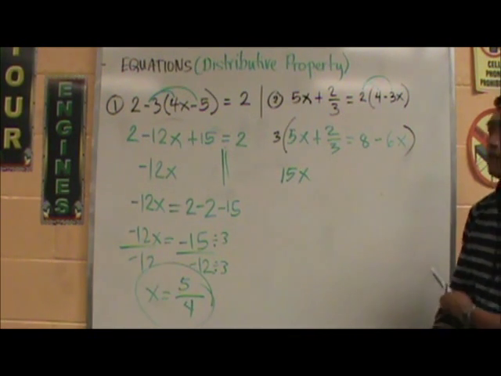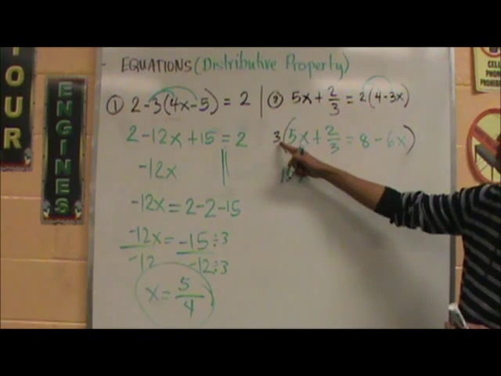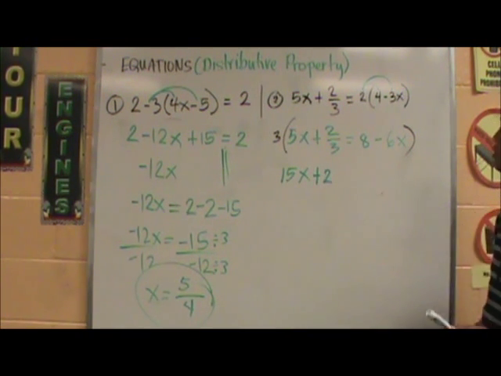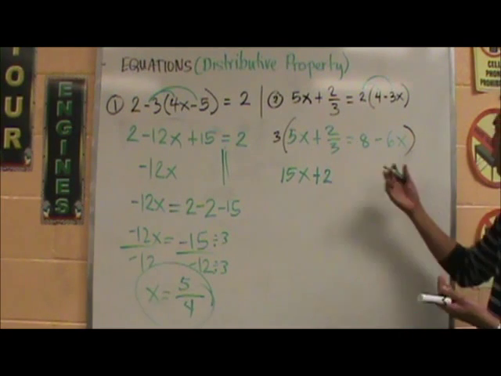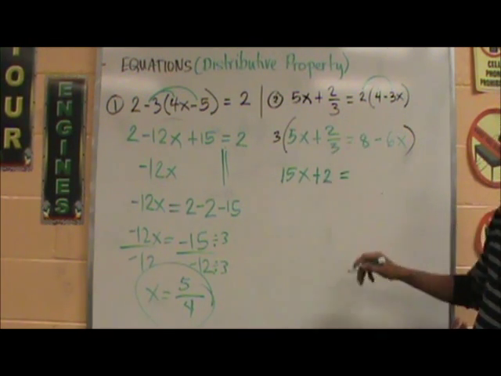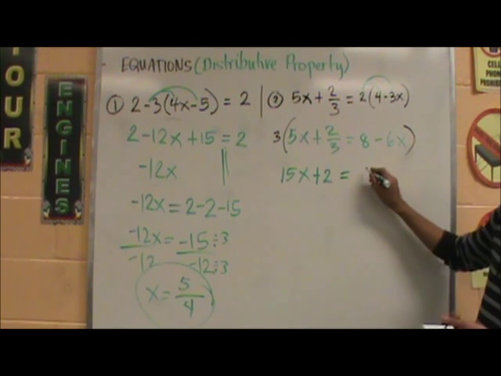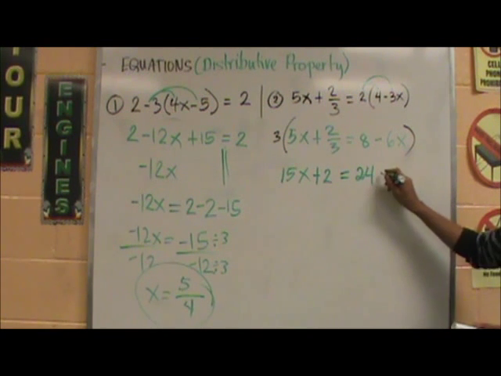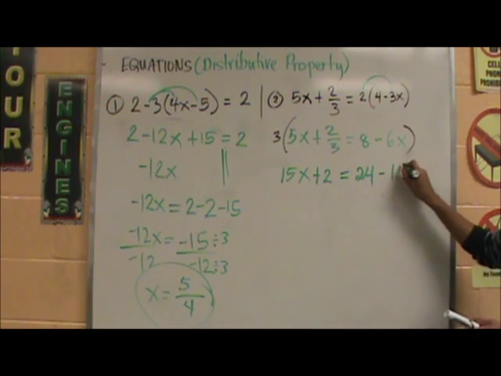Or what you need to do is to just get rid of that 3 and then just copy 2. That's really the point. And now 3 times 8 is 24, and then 3 times negative 6 will give you negative 18.